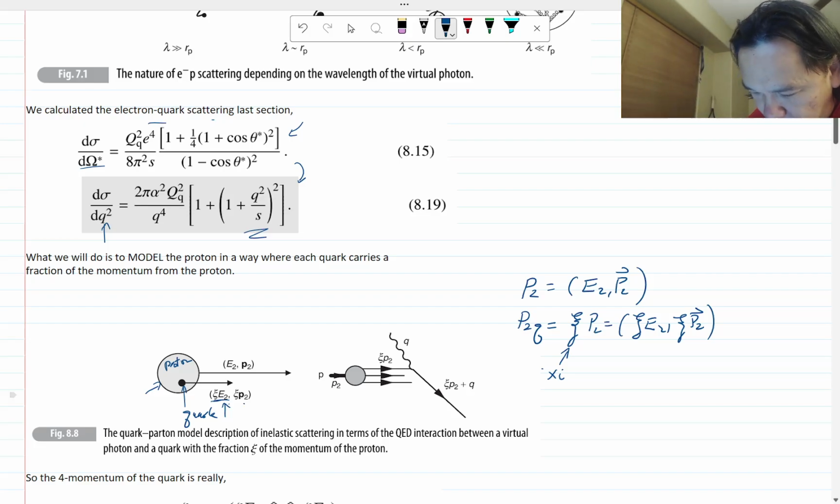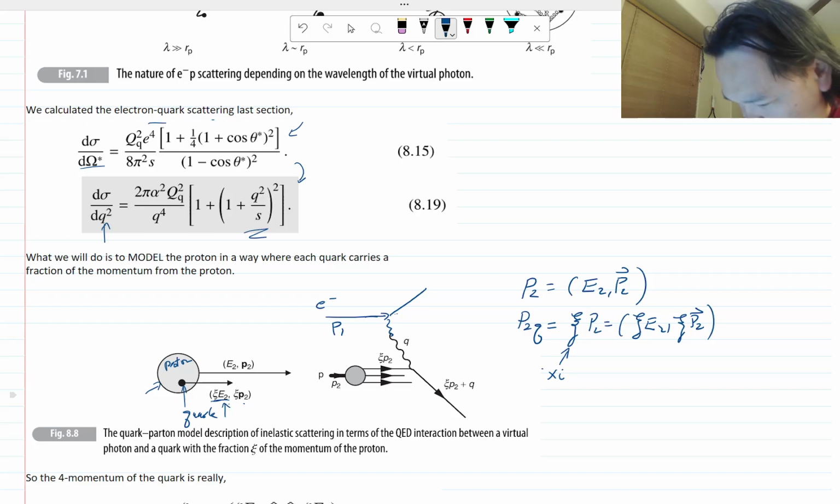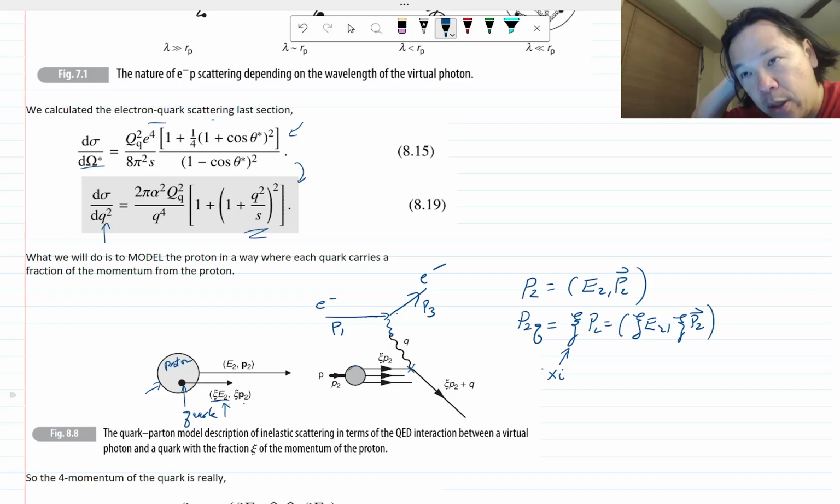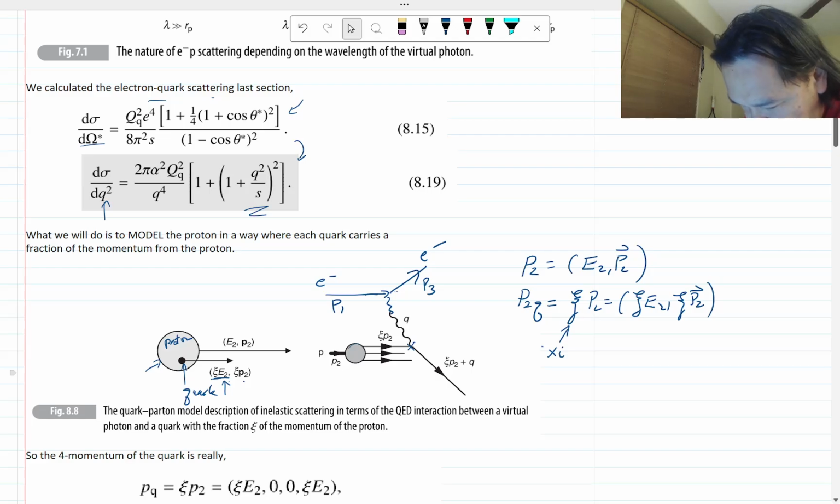And that's what this diagram is indicating. You have an electron coming in, with momentum P1. It shoots off a photon, and therefore goes out with momentum P3. And that photon, instead of interacting with the entire proton, interacts with just one of the quarks inside the proton. It's very important for us to understand this little diagram really well.